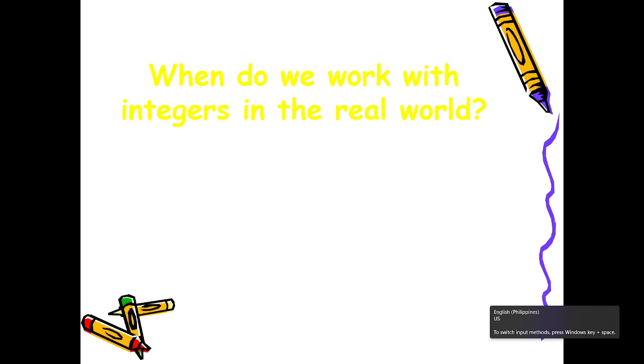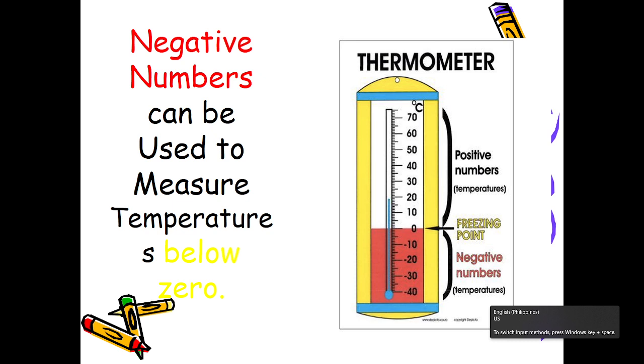Now, when do we work with integers in the real world? What situations can be represented by integers? I'm going to give you some of the situations wherein negative numbers can be used. The first one is for temperatures that are below 0. Temperatures below 0 are denoted by negative numbers, and countries with extreme weather conditions usually experience negative temperatures.